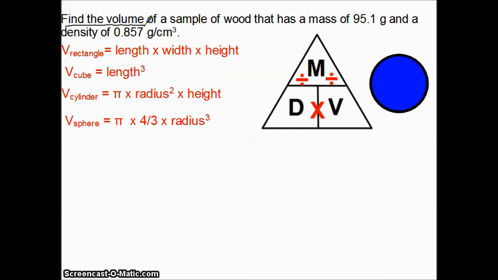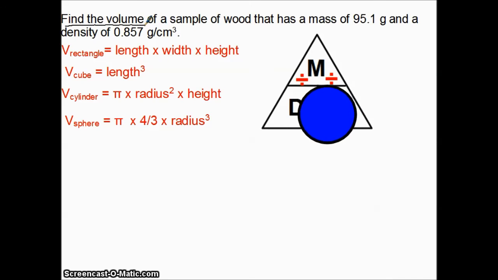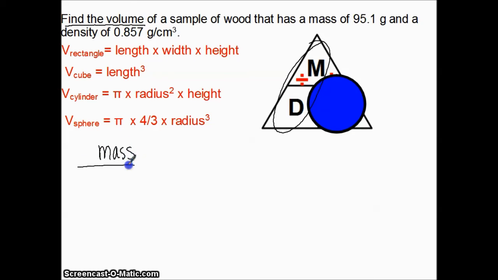So we're trying to find the volume, so we want to cover that up. And our triangle tells us what we need to do. We need our mass divided by our density to find it. And that's going to help us find the volume.